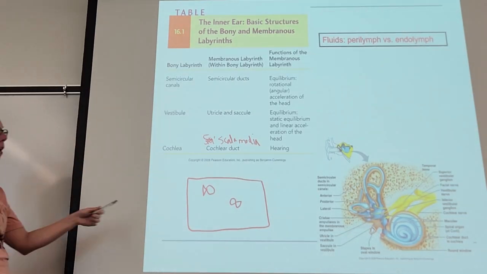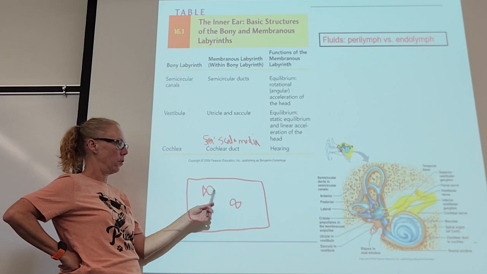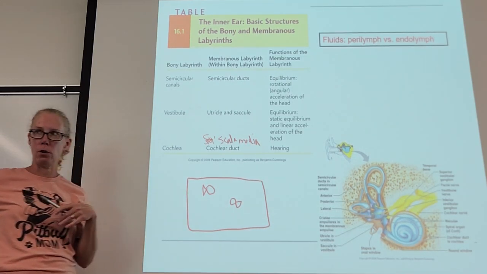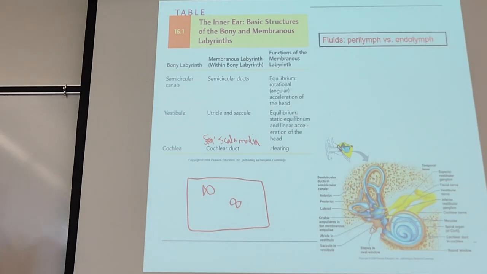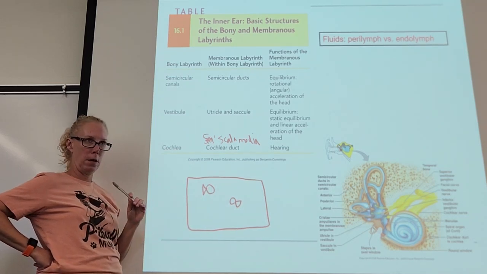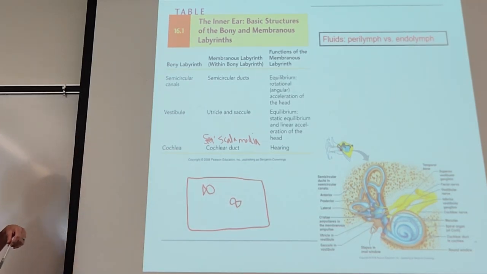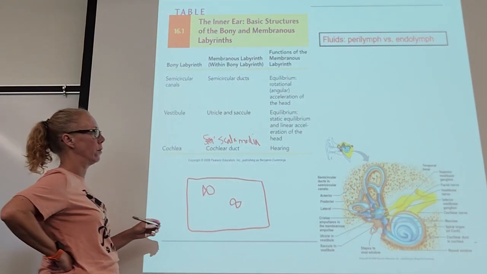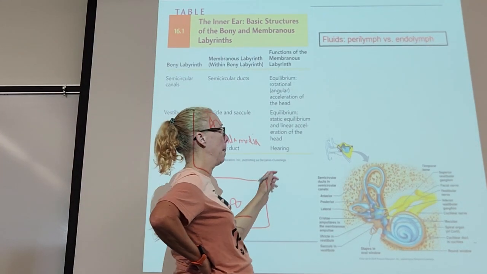Then you have these soft membranous structures floating around. Those are the fish. And in the fish, you have endolymph. So that's what I mean by the different layers and the fluid that lives within them. I hope that helps you with the layers of fluid versus structure.